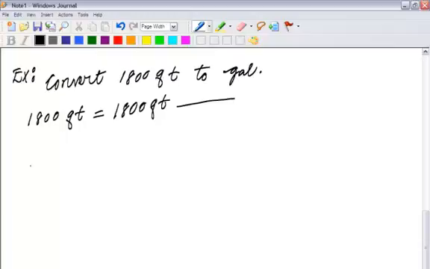Now, I am going to write quart in my denominator and gallon in my numerator. And I know that 4 quarts is 1 gallon. So that means I divide 1800 by 4. When I divide 1800 by 4, what do I get? 450 gallons, right? Note that quart and quart cancel out when I write it this way.